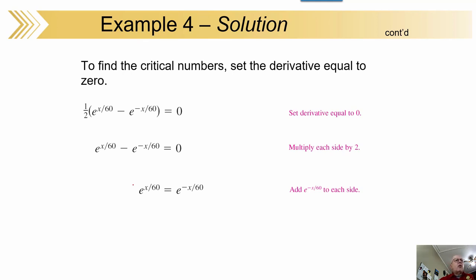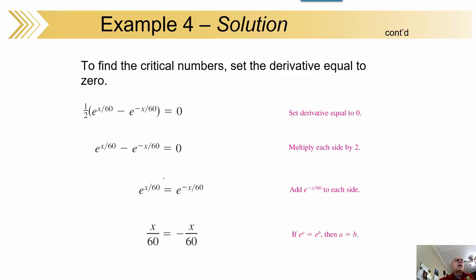Well, we've got two expressions here. Both of them have the same base. So if this number and this number are going to be the same, and you've got the same base, then the exponents must also be the same. It's one of the properties, very handy one.